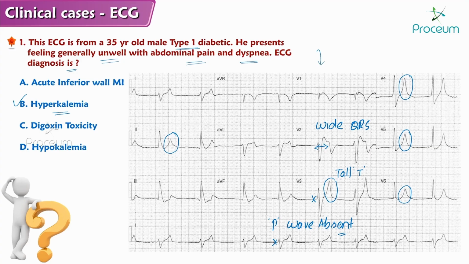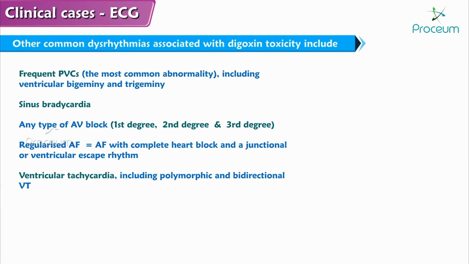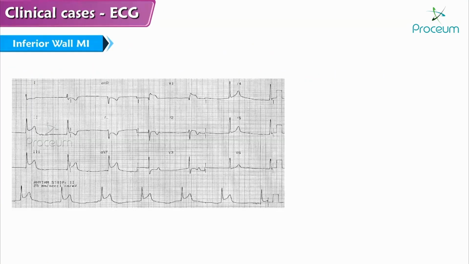Now, how will you rule out the other options? For example, acute inferior wall MI. What will be the ECG changes in acute inferior wall MI? This is the ECG of inferior wall MI. In inferior wall MI, you have ST segment elevation in leads 2, 3 and aVF.